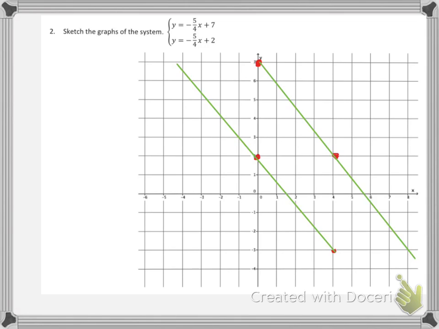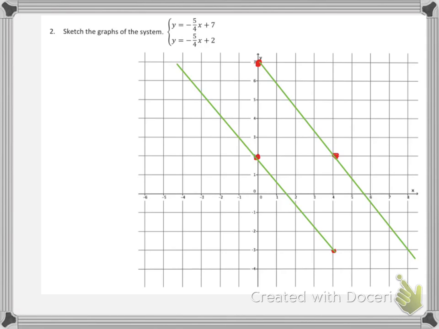So I have parallel lines again, and I know that they're parallel because they have the exact same slope. And if they have the exact same slope and their y-intercepts are different, these are parallel lines. They will never intersect, which means there's no solution for this system.